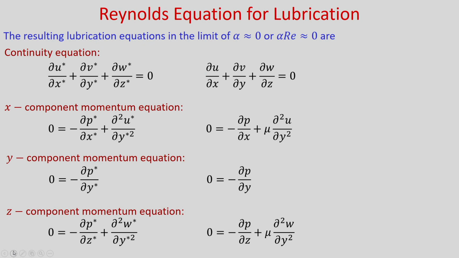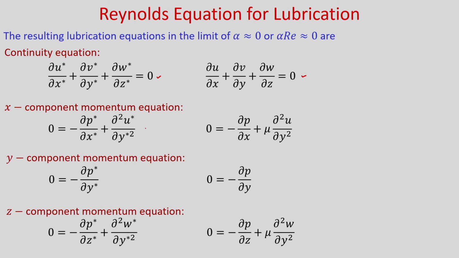So, the resulting lubrication equations in the limit of alpha tending to 0, or alpha Re or alpha square Re tending to 0: this is the dimensionless continuity equation, and in dimensional form it looks like this. It remains the same.